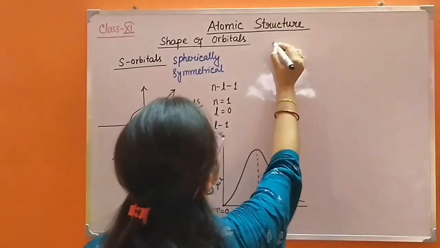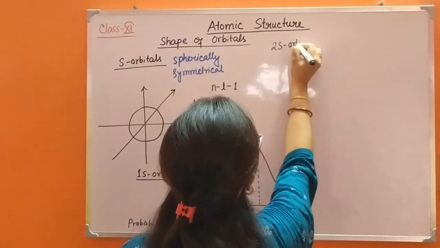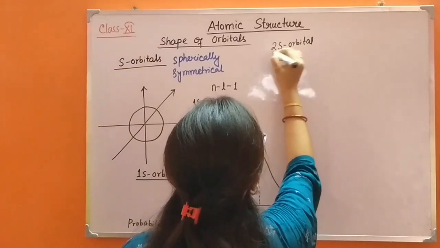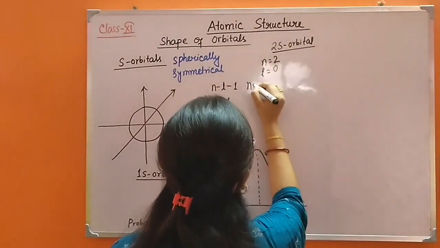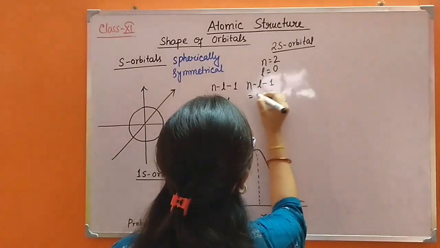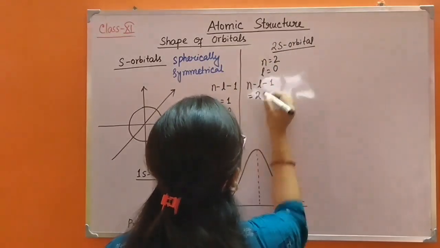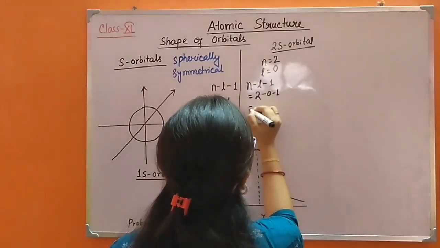Now, for 2s orbital, n equals 2, l equals 0, and n minus l minus 1 equals 1.